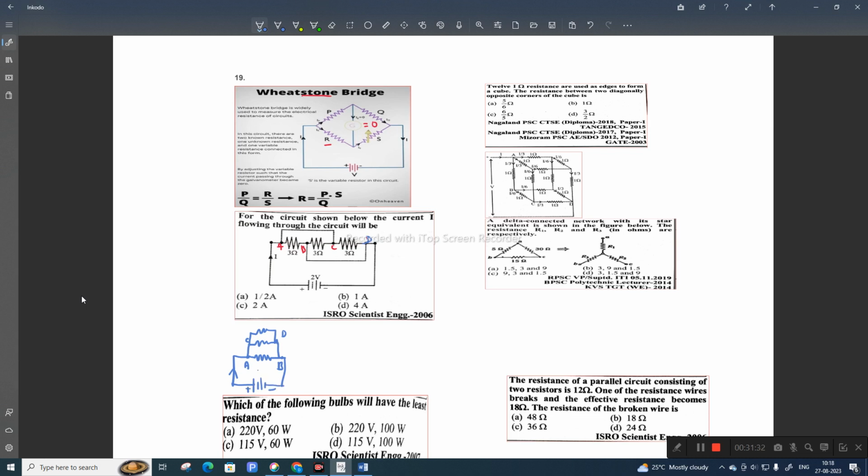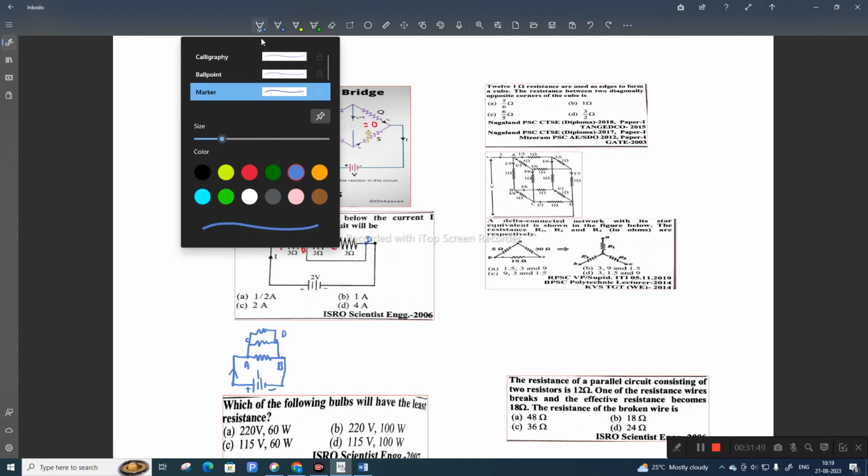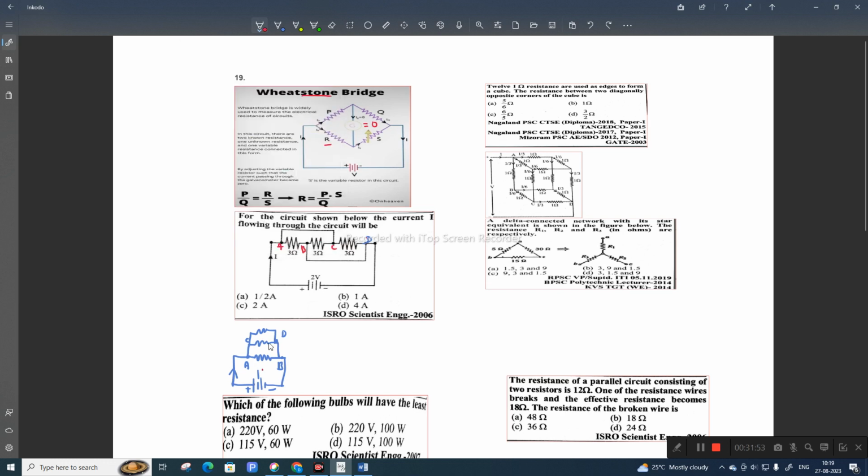Plus minus 12 volt. Now the values are 3, 3, 3 ohms each. Twelve volt, 3 ohms, 3 ohms, 3 ohms.